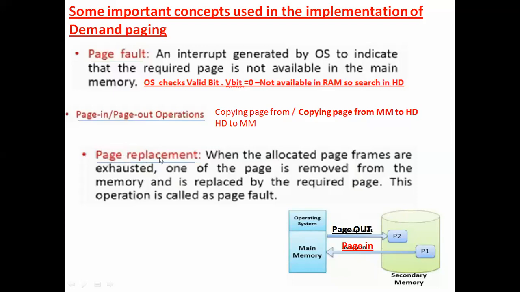Regarding page replacement, it is needed if and only if the page required by the CPU is not present in the main memory. When the allotted page frames are exhausted, suppose all the page frames in the main memory are occupied by pages, meaning the main memory is full, then one of the pages is removed from the memory and replaced by the required page.